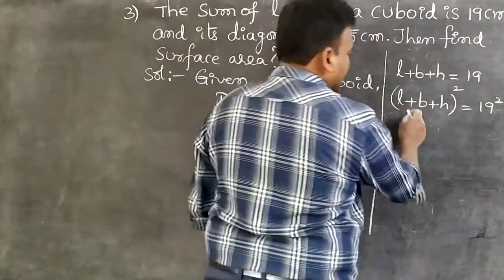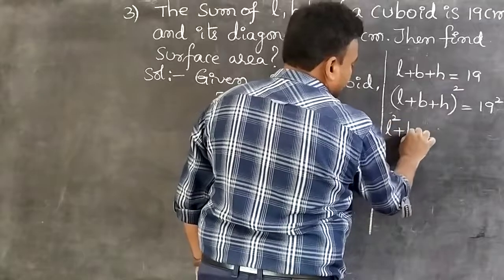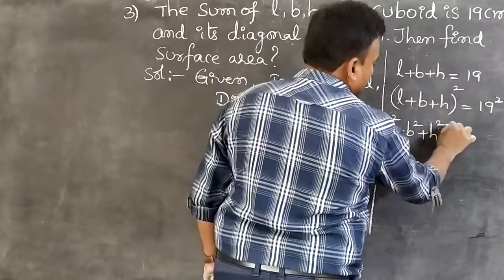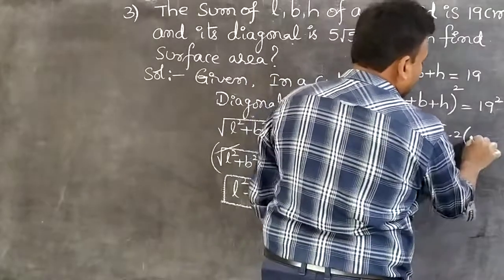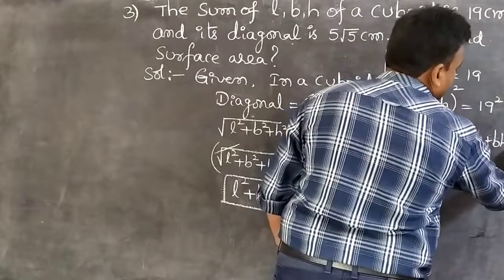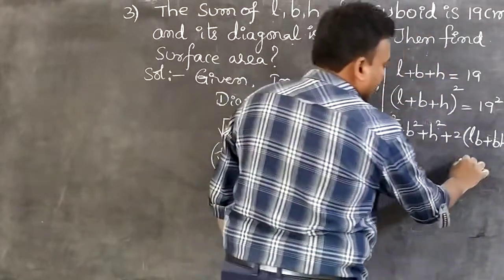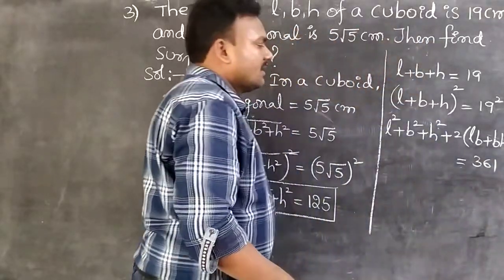Like this, students: L square plus B square plus H square plus 2 of (LB plus BH plus HL) equal to 19 square, nothing but 361.